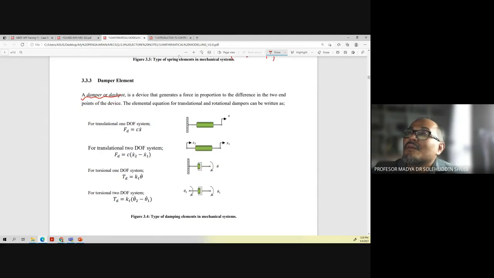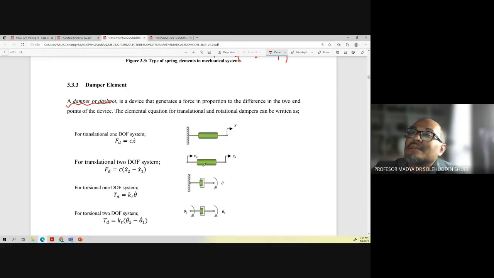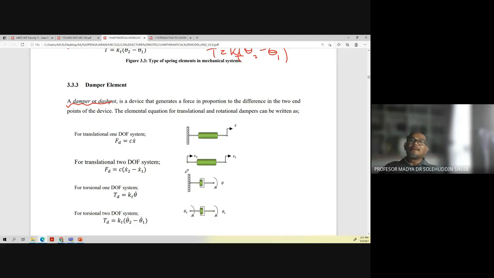Anybody know, in the spring mass system, what is the purpose of damper? Anybody want to share? What is the function of it?